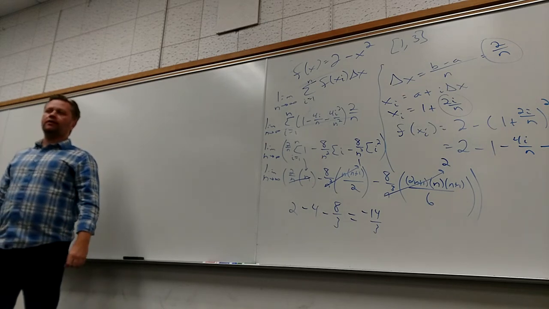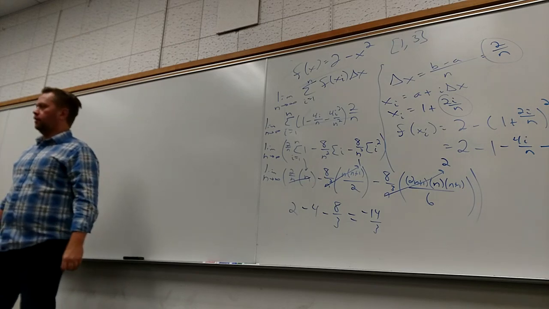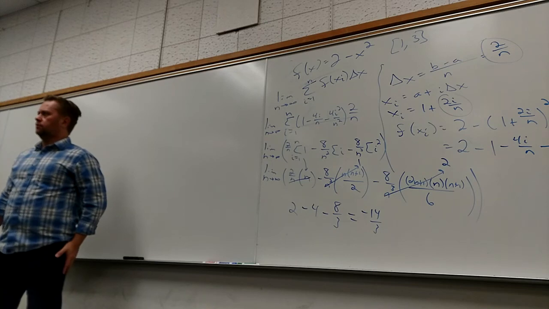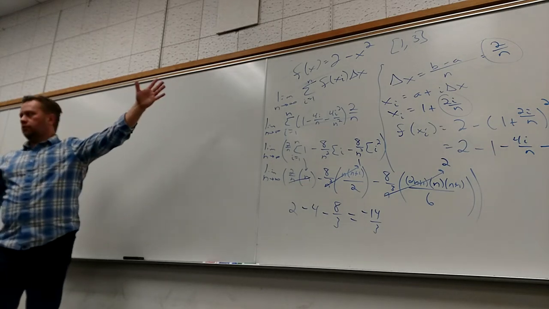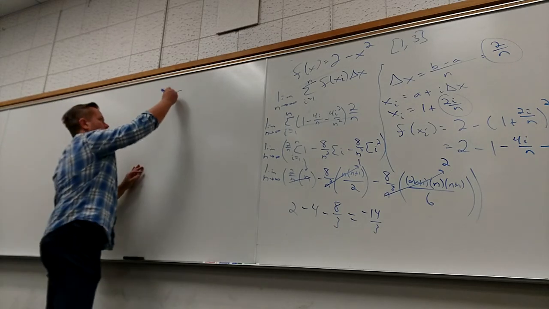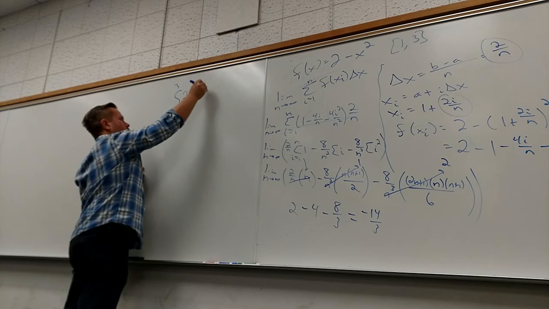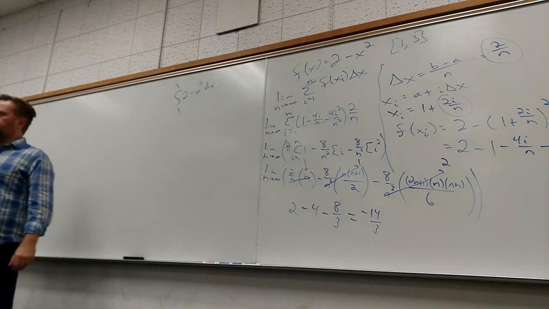Now, if right now you cannot set up this integral that I'm asking you to calculate, you should be worried. What's the interval going from and to? 1 to 3. And what am I integrating? Yes. So that's the integral that represents this situation.